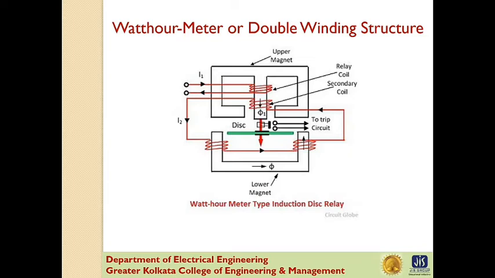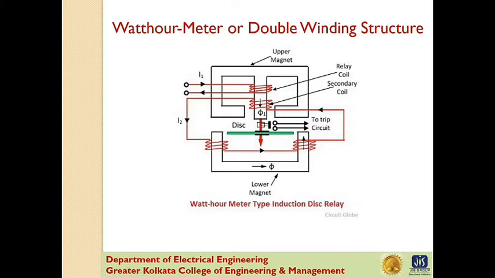The upper electromagnet carries two windings, the primary and the secondary. The primary winding carries the relay current I1, while the secondary is connected to the lower magnet and circulates the current I2.